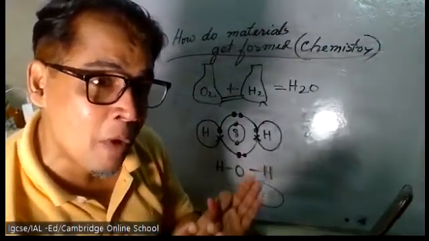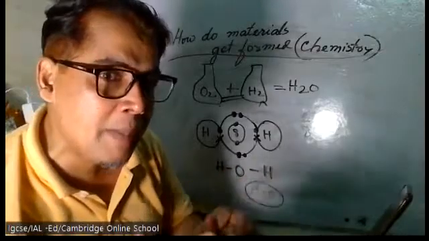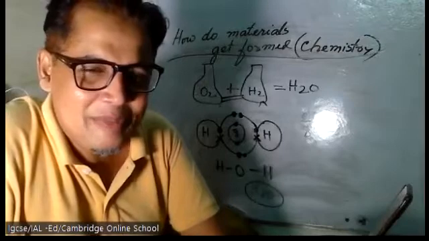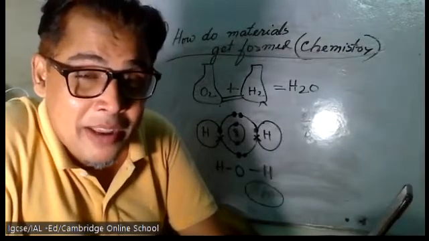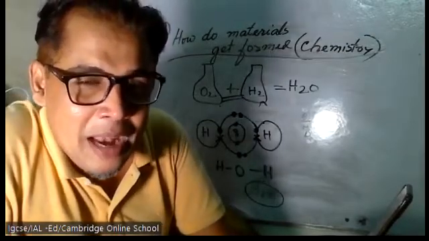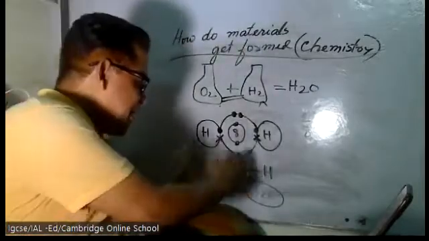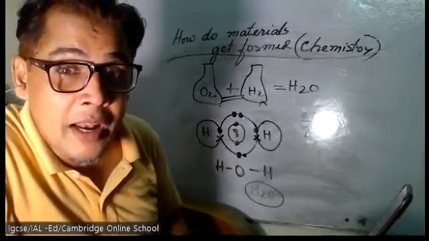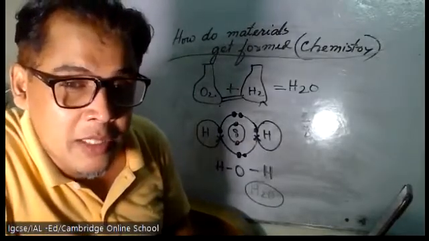If you divide the molecules once again, then the molecule says, "Sorry, sir, I am now converting into atoms." If you separate these, now that is becoming hydrogen and oxygen.